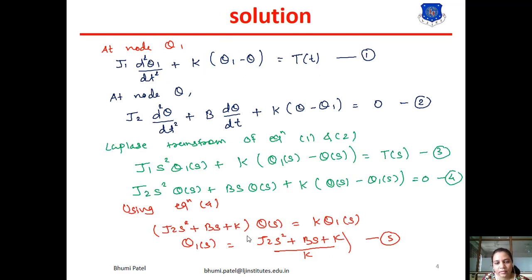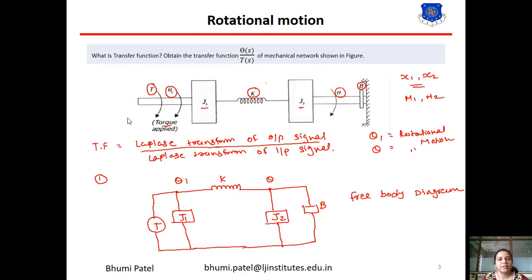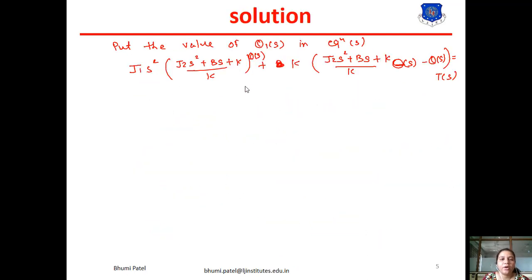into theta of s. Okay, so into theta of s minus theta of s is equal to T of s. Okay, so simplify this equation, we can get the ratio of theta of s upon T of s.